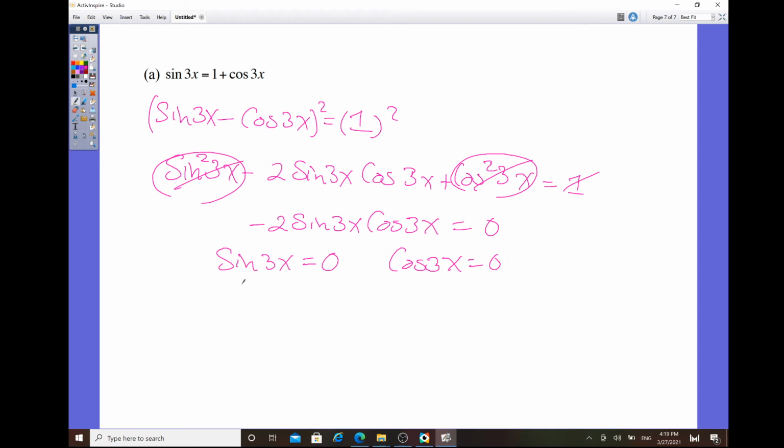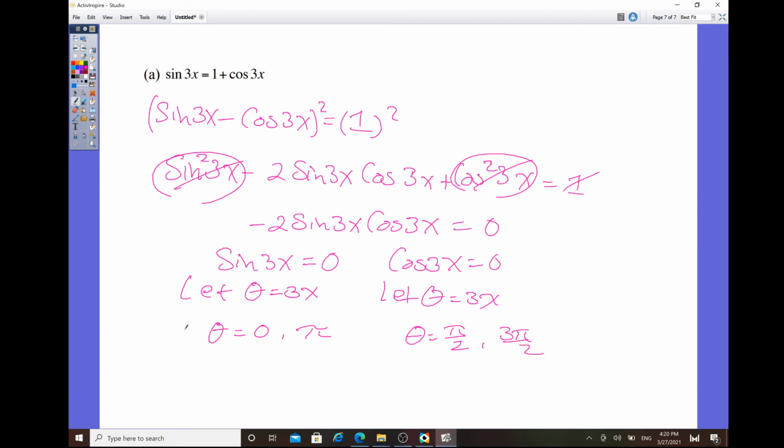If that's the case, this one goes around the unit circle 3 consecutive times. So let theta equal 3x. For the first cycle, theta equals 0 or pi. And for the cosine, for the first cycle, that would be pi over 2, 3 pi over 2.